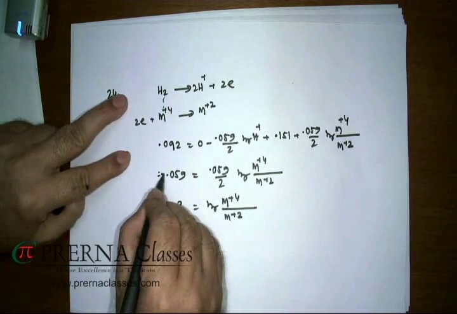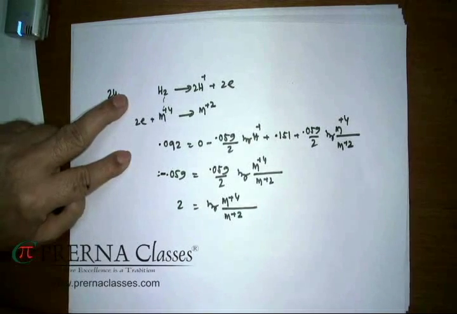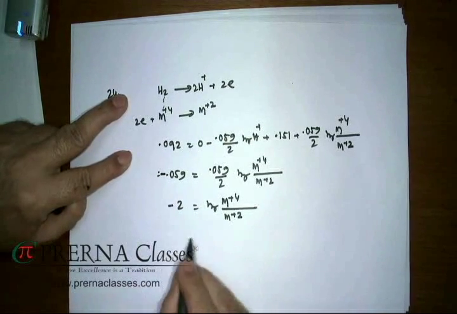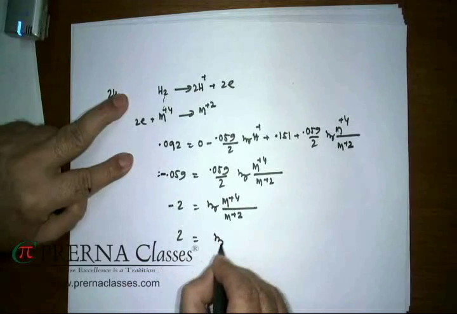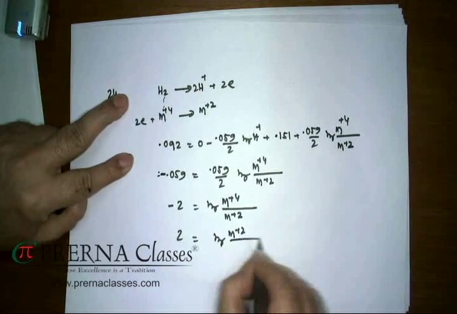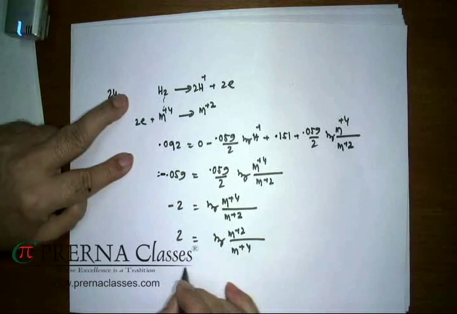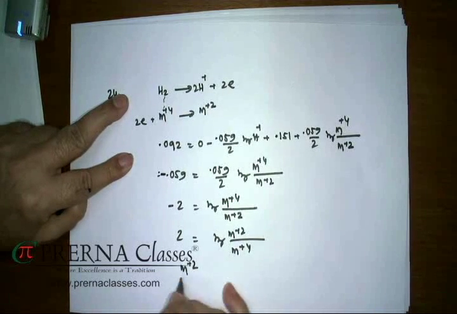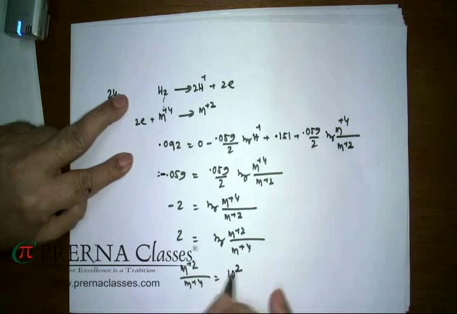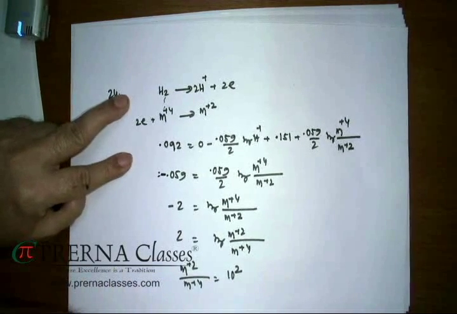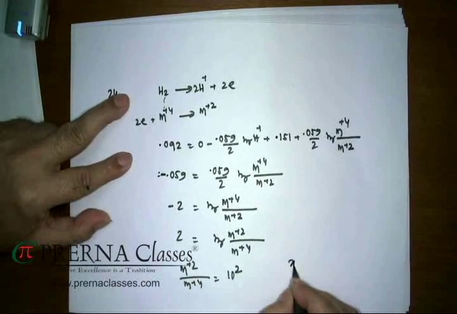This will be minus. Or 2 is equal to log of M plus 2 by M plus 4, or M plus 2 by M plus 4 is equal to 10 to the power 2. So X is 2.